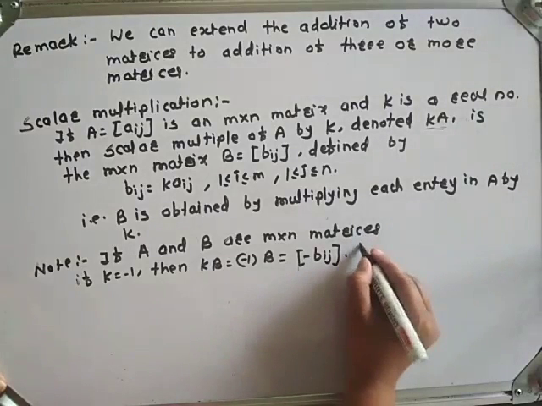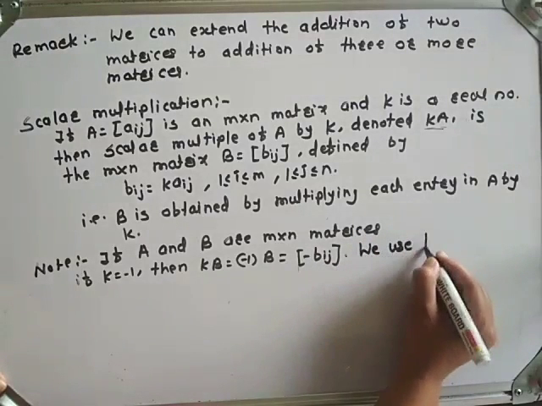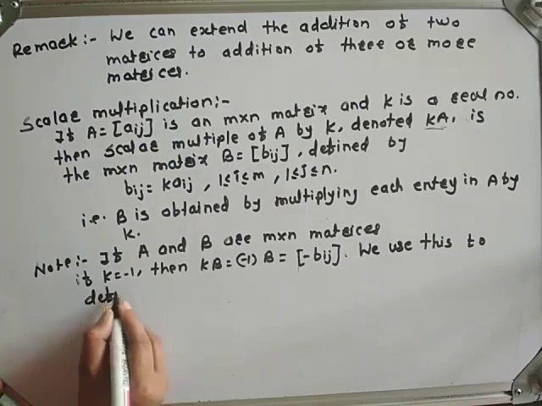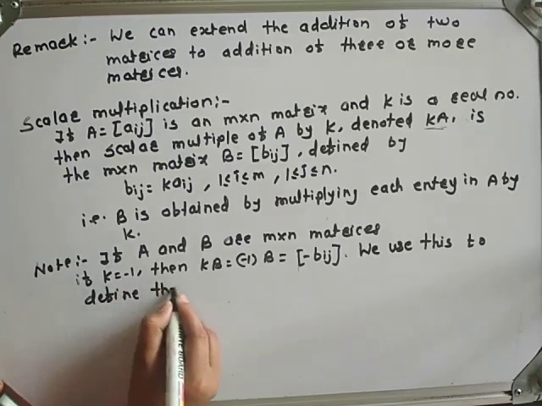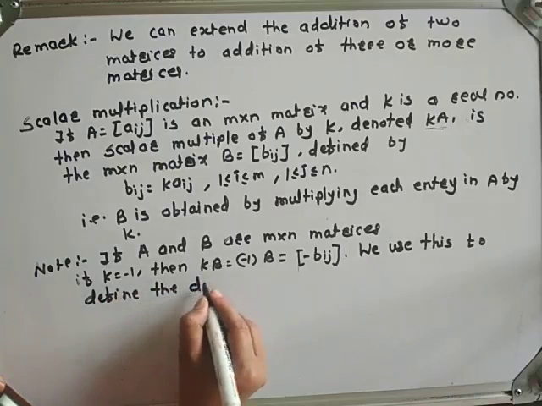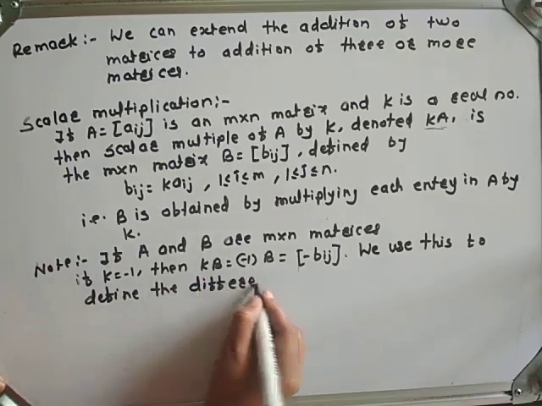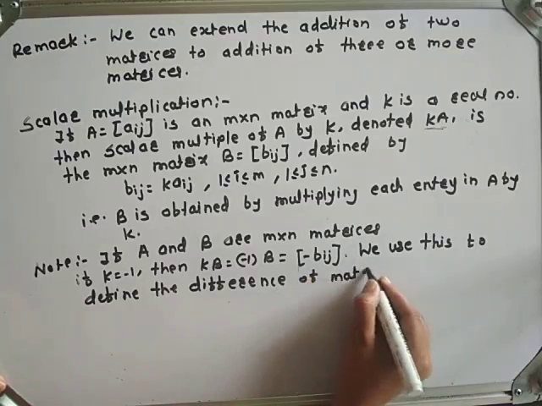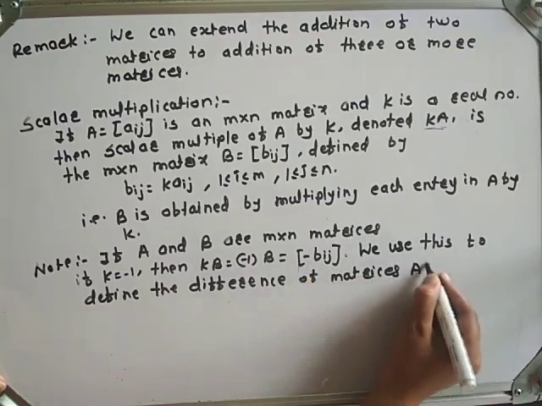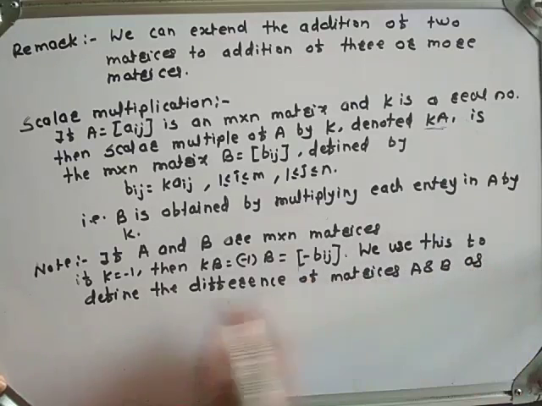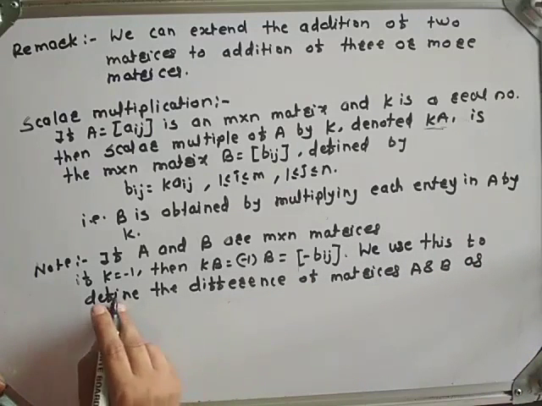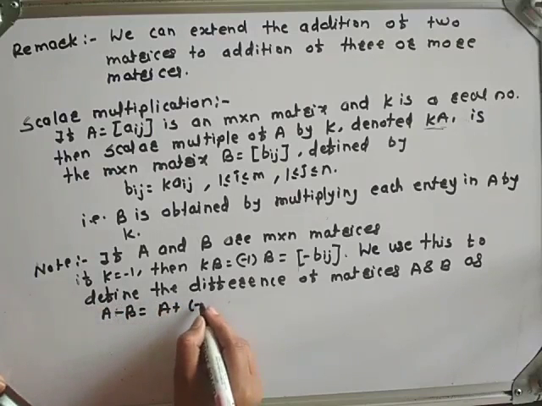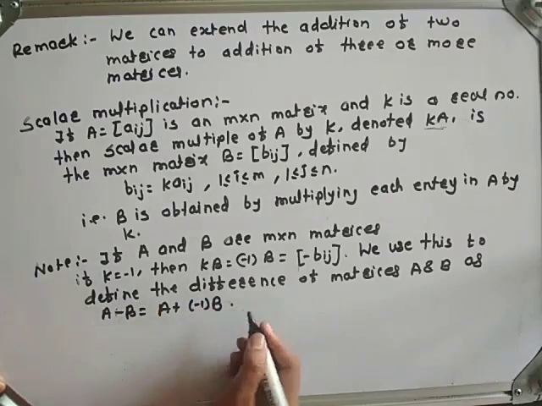We use this to define the difference of matrices A and B as A minus B is equal to A plus minus 1 into B.